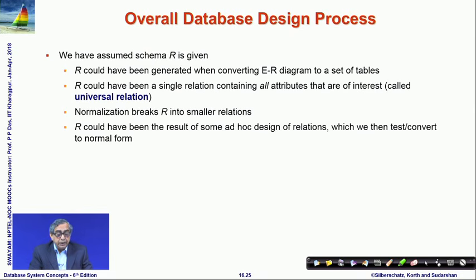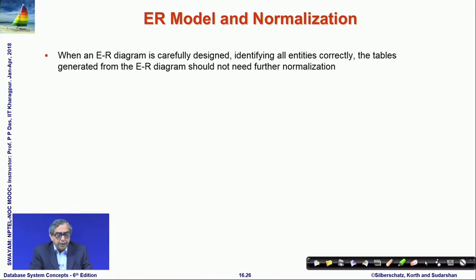It is also possible that we just started with a single relation containing all attributes, which is called the universal relation, and then normalization will break it into smaller relations. It could also have been the result of some ad hoc design of relations, and then we convert them. So, there are all different possible tracks that can happen.